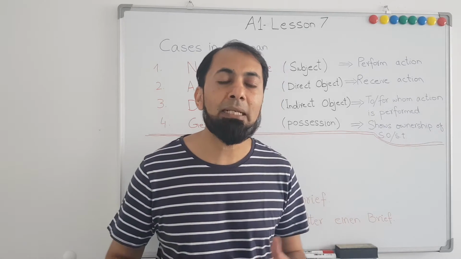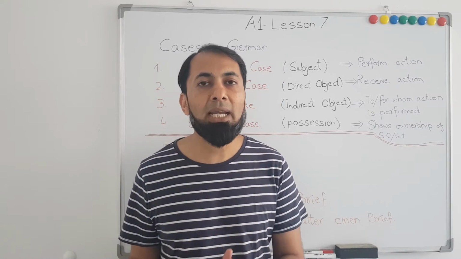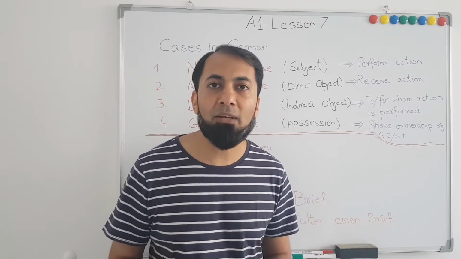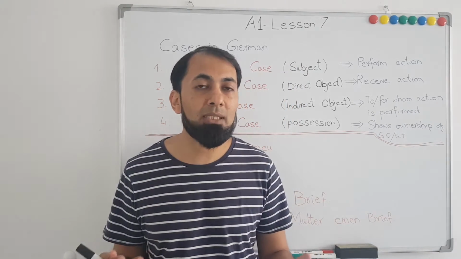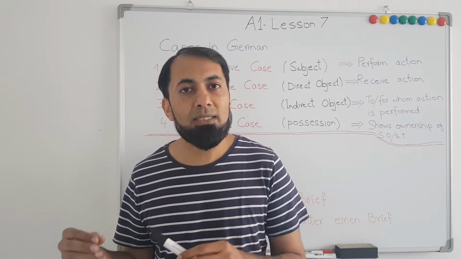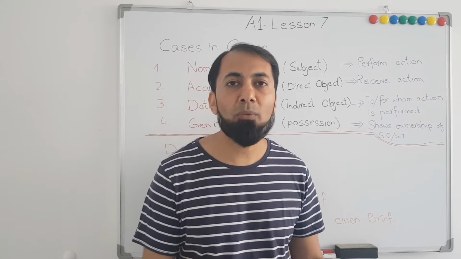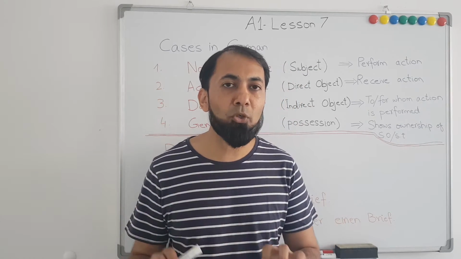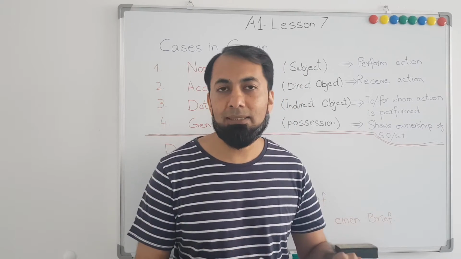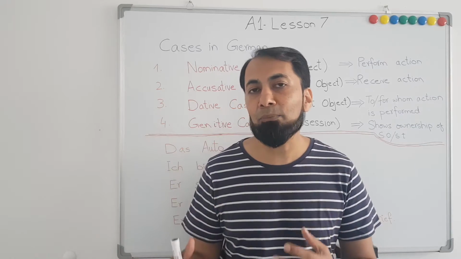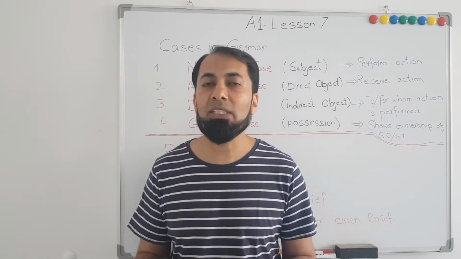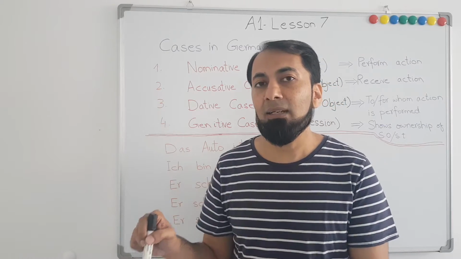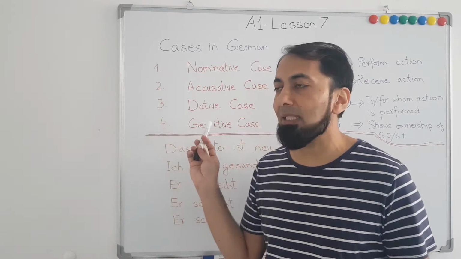For example, in another sentence we might have subject, object, verb and some adjective, and in another sentence we might have subject, verb, object, direct object and indirect object. So all these components together make a sentence, and these components in the German language are the cases. So these components correspond to cases in the German language.